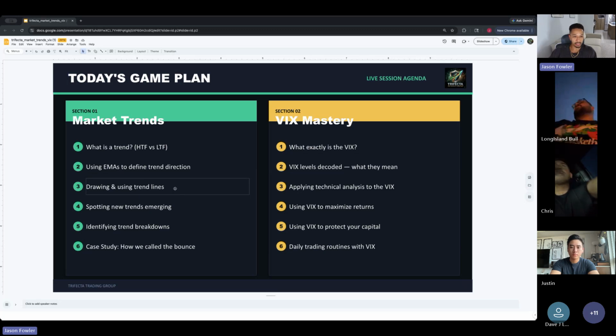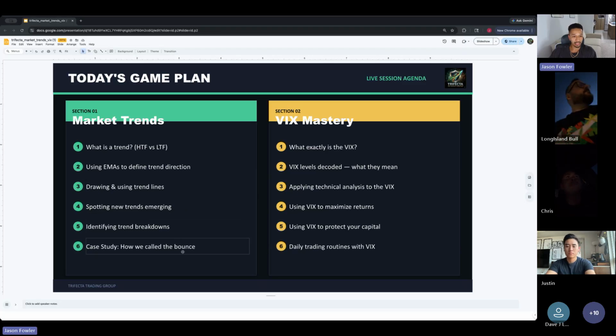Drawing it using trend lines. Brett is huge on using trend lines, spotting new trends emerging, and identifying trend breakdowns, and we'll talk about how we called that bounce. And then we're going to cover the VIX. I will cover in detail what the VIX is and how to use it in your trading, and so on and so forth.